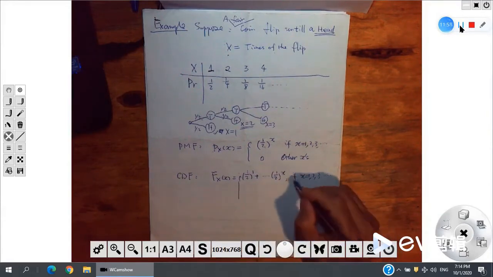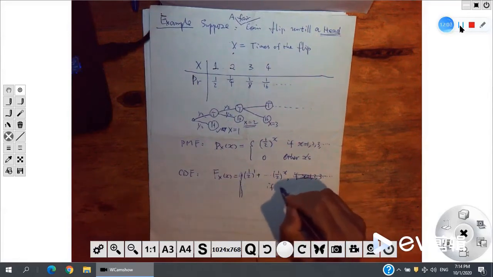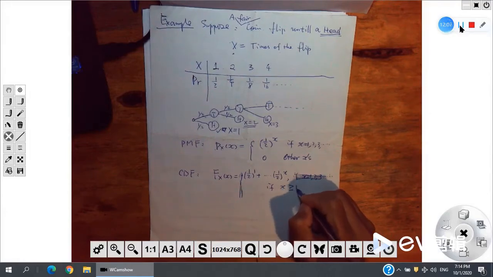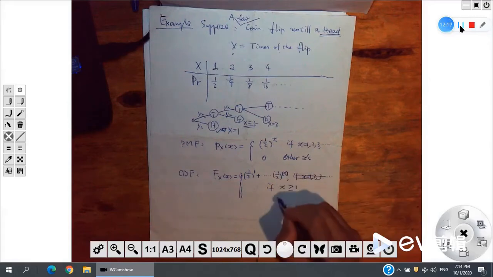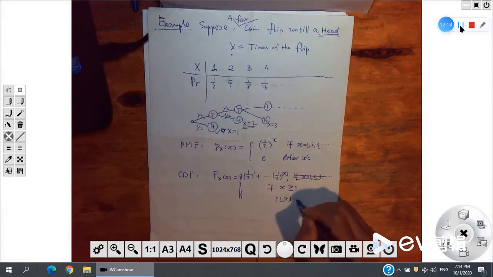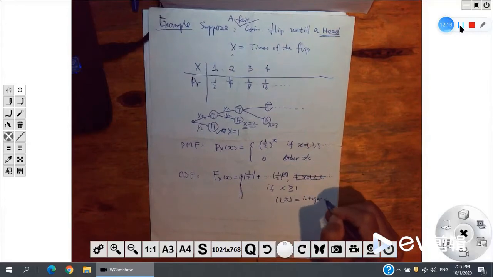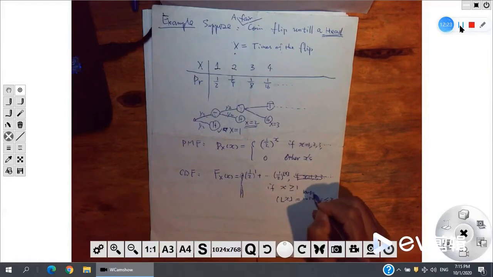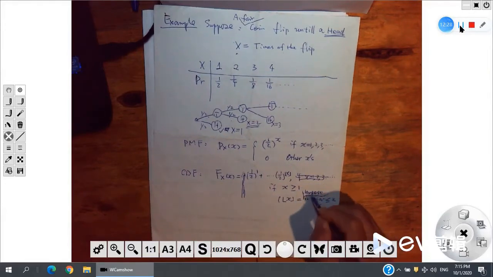Okay, now here, if x is larger than or equal to 1, and here I use this notation, where this one equals the largest integer smaller than or equal to x.